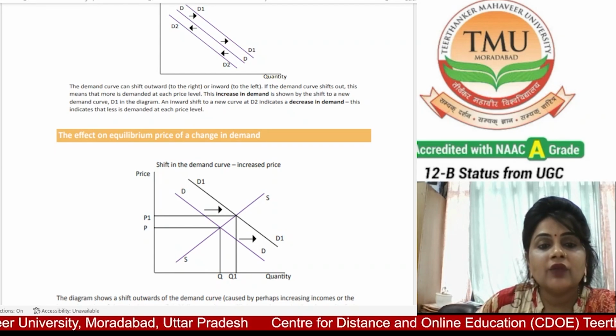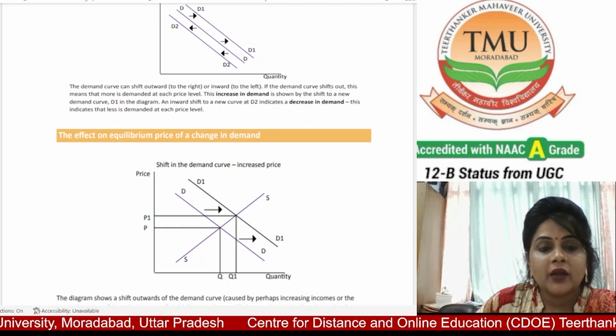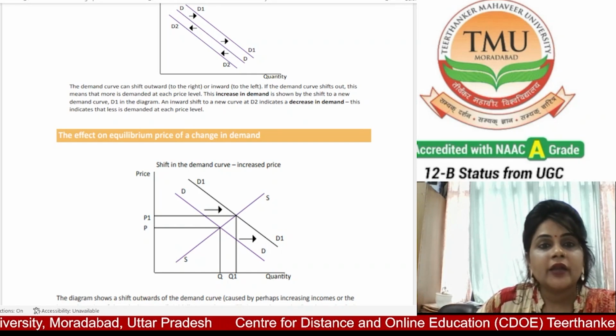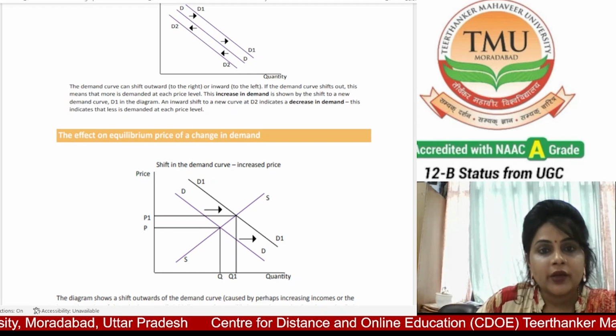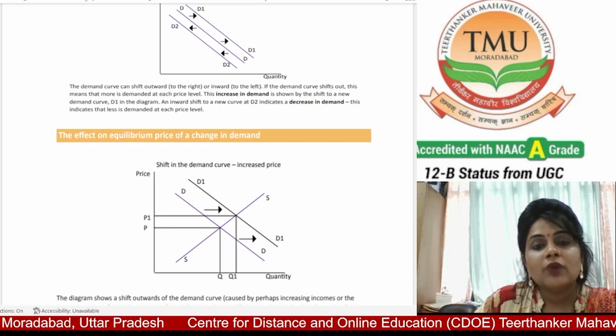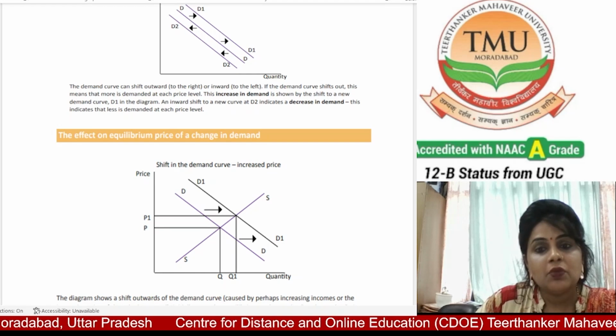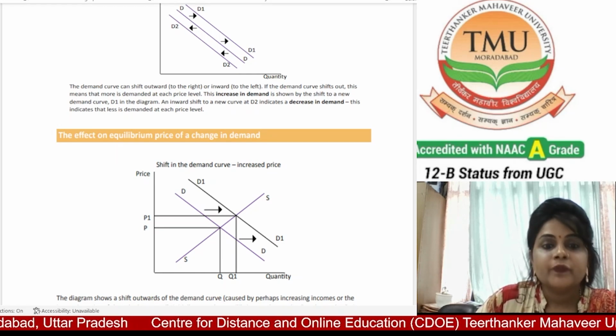Now we see the effect on equilibrium price of a change in the demand curve. The diagram shows a shift outward of the demand curve, caused by perhaps increasing income or an increasing price of a substitute good.